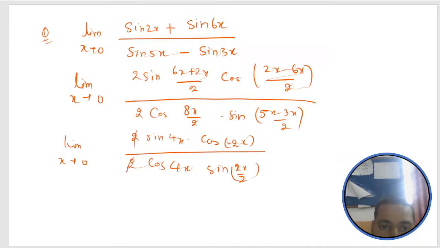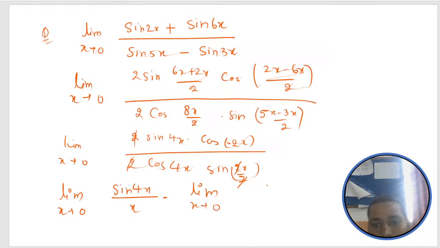Here 2 and 2 can be cancelled, and this 2 and 2 also. Then we can write limit x tending to 0 of sin 4x upon x, and limit x tending to 0 of cos 2x upon cos 4x.